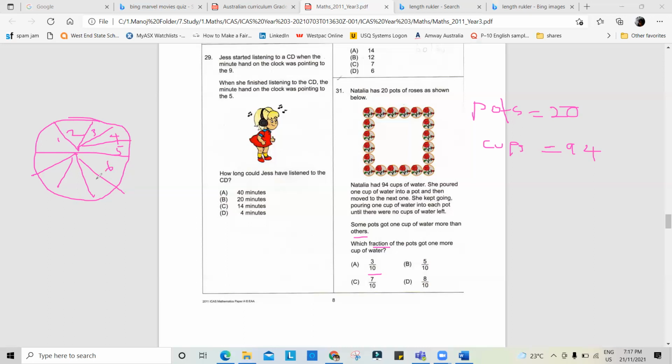Then 6, 7, 8, 9, 10. Then if you eat 1 portion, how much remains? 9, right? 9 out of 10 still remain. You ate 1 out of 10. Right?